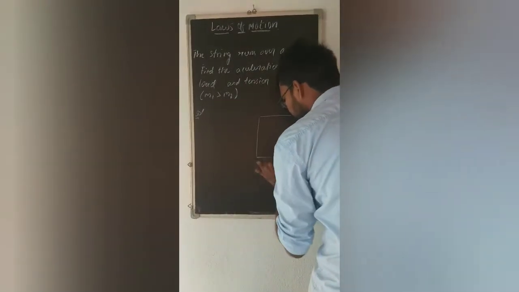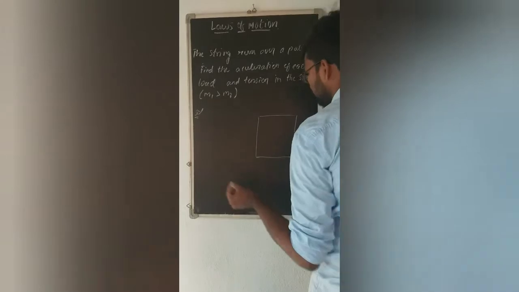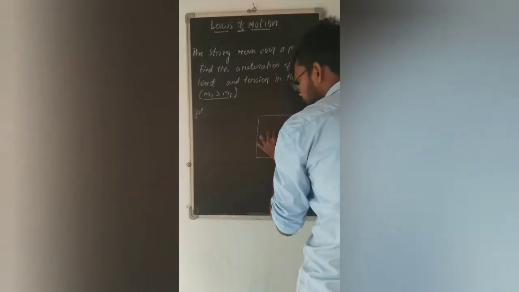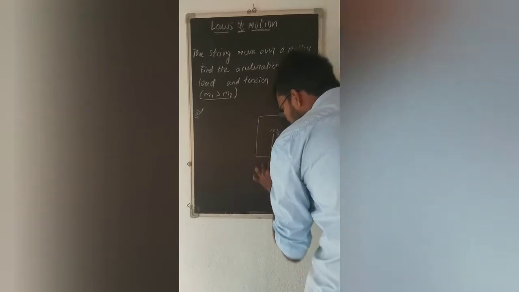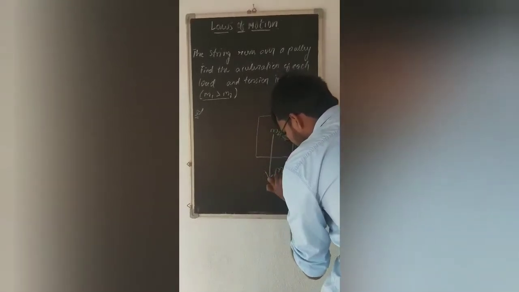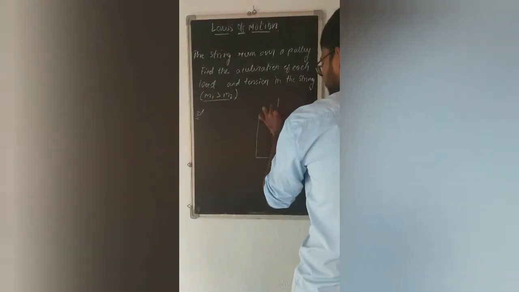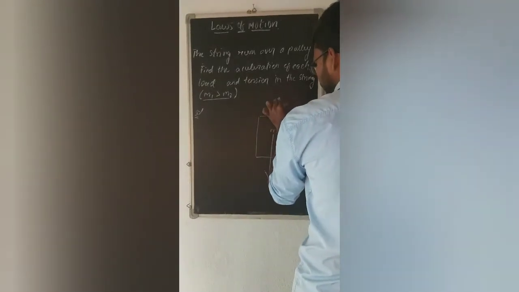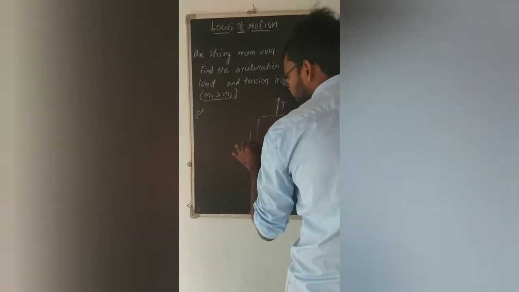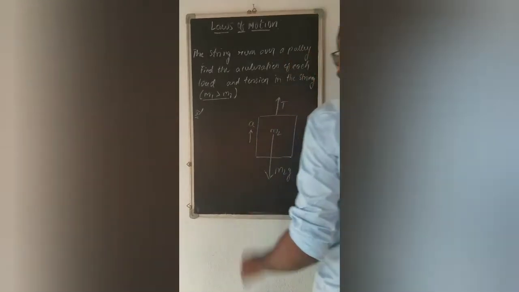Same, but here we need to remember that M1 is greater than M2. This is object M2, and this is M2G. Tension will act upwards, as well as acceleration.